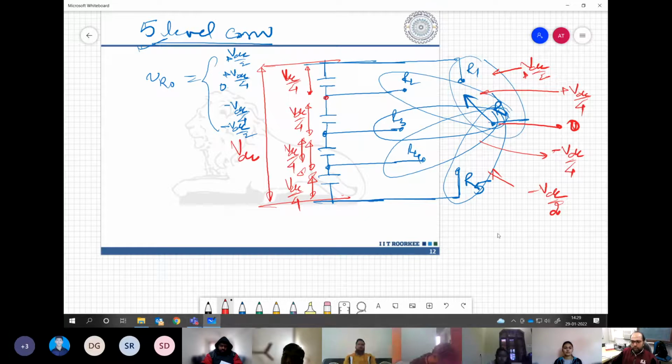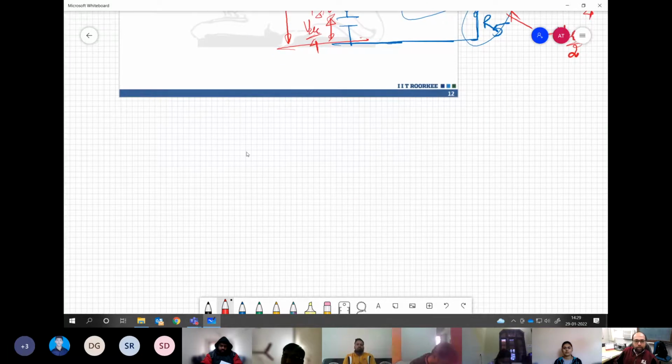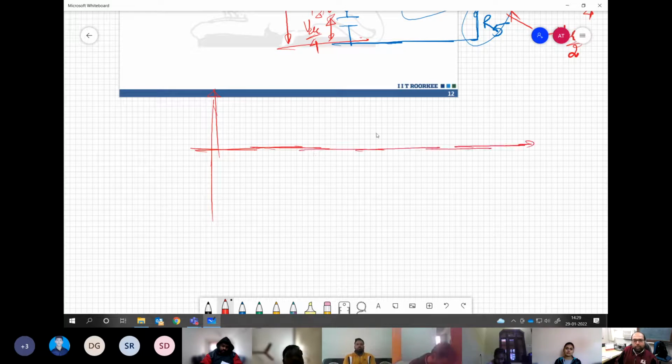So now our voltage waveform, what we will generate from this converter, may look something like this. Not necessarily that it has to be like this, but one example could be something like this.